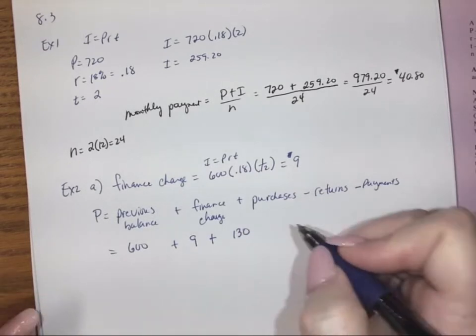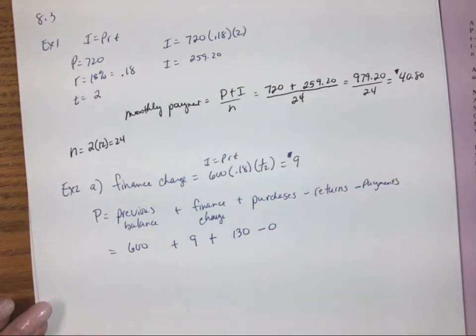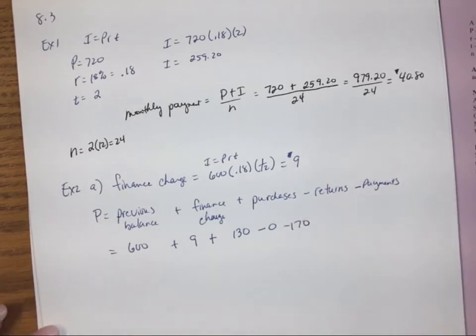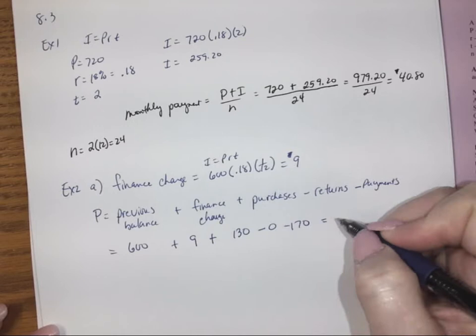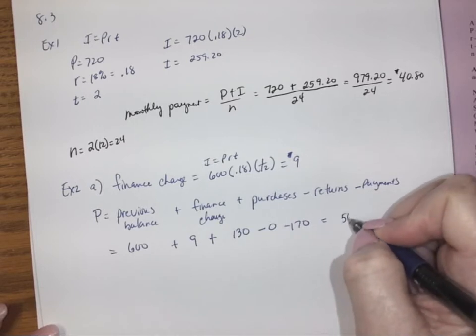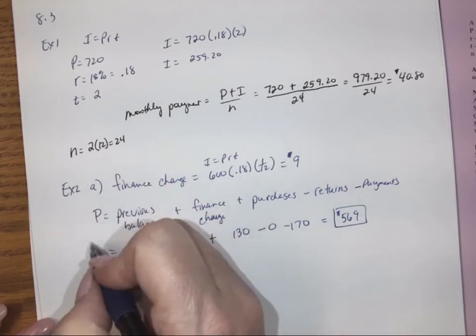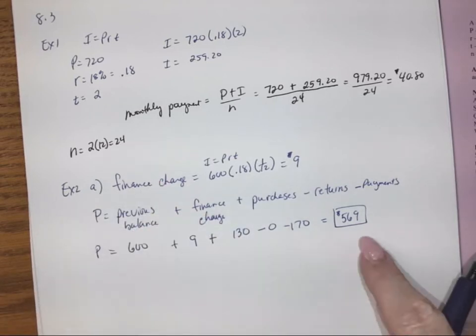They did not mention anything that we returned to get credit back onto the card, but we made a payment of $170. When we do the math on that, you should get $569, and that would be the balance on your account.